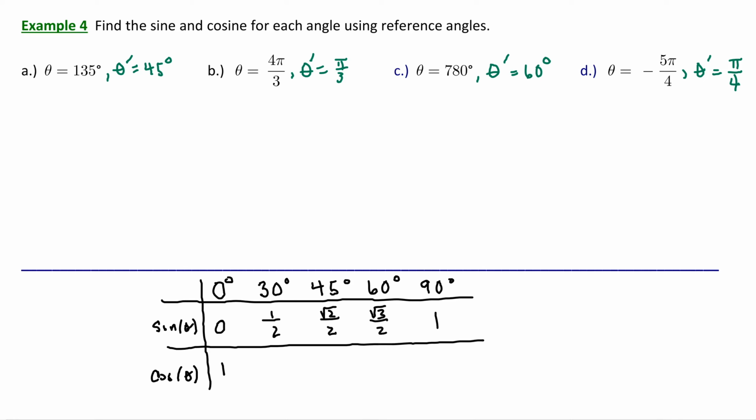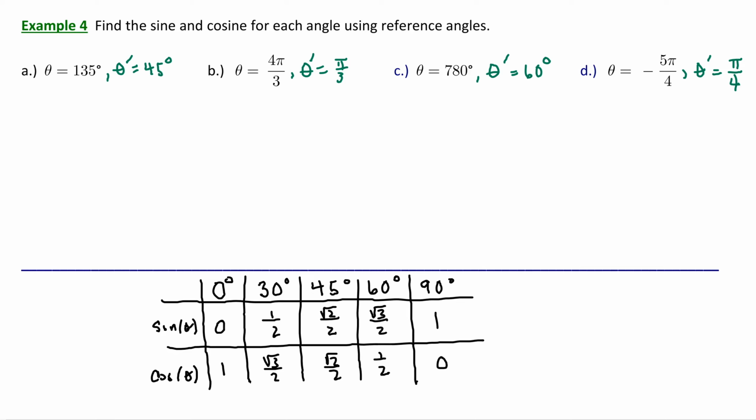Cosine of 0 is 1. Cosine of 30 is square root of 3 over 2. Cosine of 45 is square root of 2 over 2. Cosine of 60 is 1/2, and cosine of 90 is 0. Once again, you can obtain those values either using special triangles or using the hand trick that we've talked about.